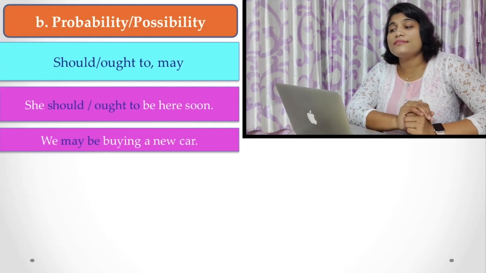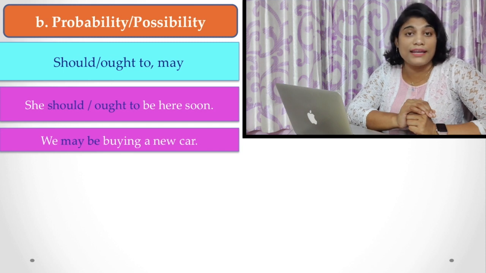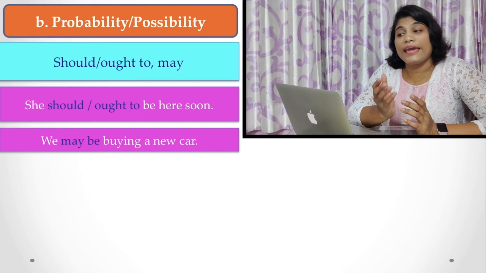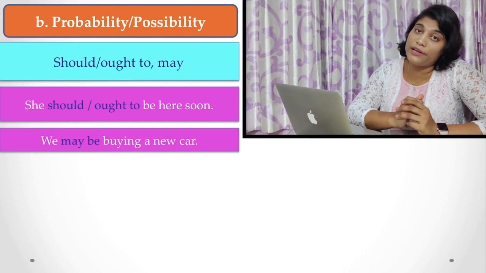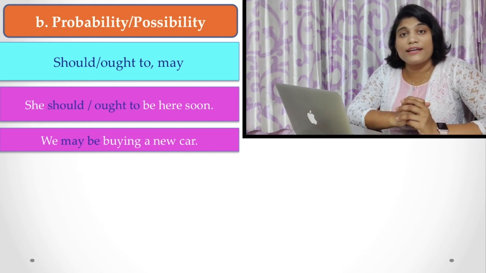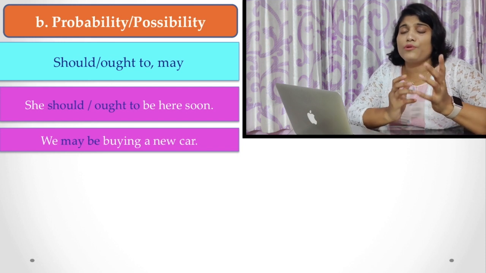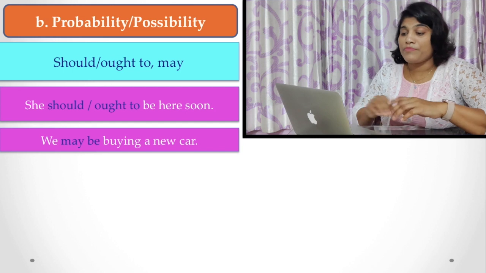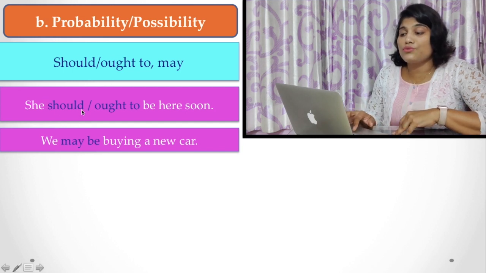Now, what are the possibilities and probabilities, and which modals do we use in case of probability and possibility? When we are trying to make something probable or possible, we use should, ought to, or may. For example, she should or ought to be here soon, or we may be buying a new car.